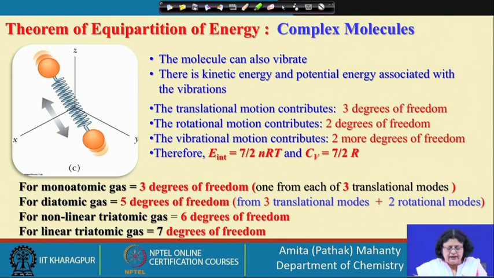Suppose it is y, and we have taken x and z as the rotation. Similarly, nonlinear and trilinear molecules will have different degrees of freedom, which we can calculate knowing the contributions of each.